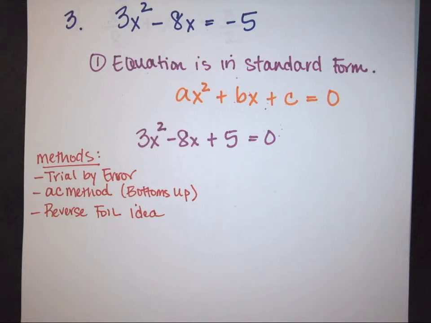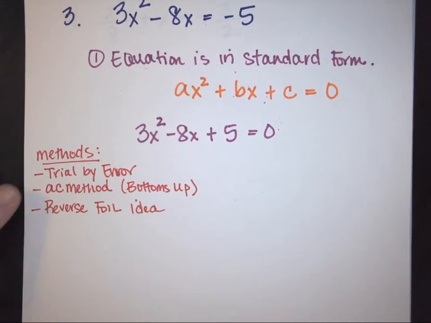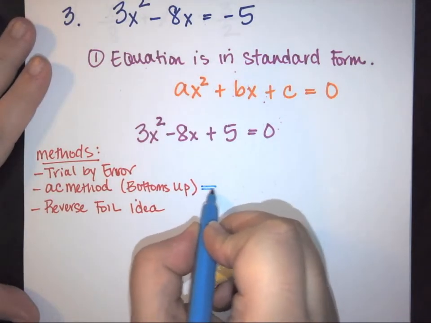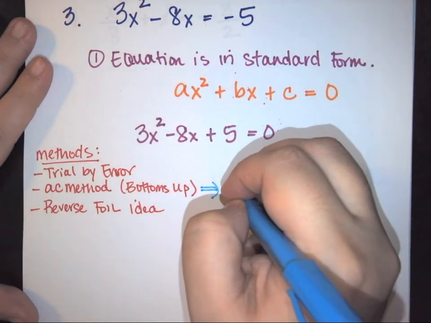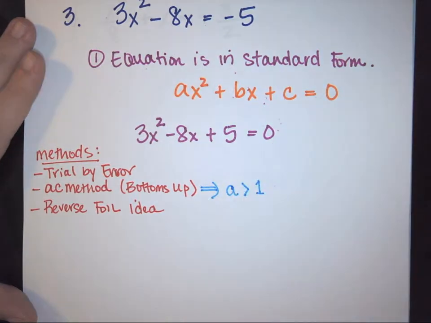There are a couple tricks that I like to think about in order to help me decide which method is going to be best suited for the problem I have. One of those has to be, what is the coefficient of my A term? When I'm talking about that AC method or bottoms up, usually I use this if my A is greater than 1.